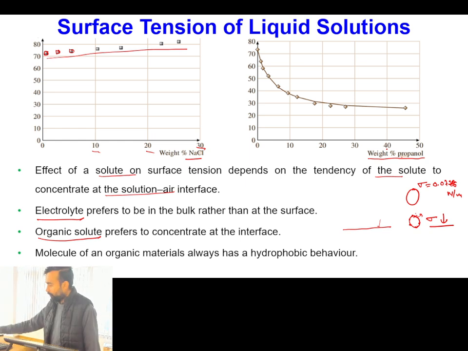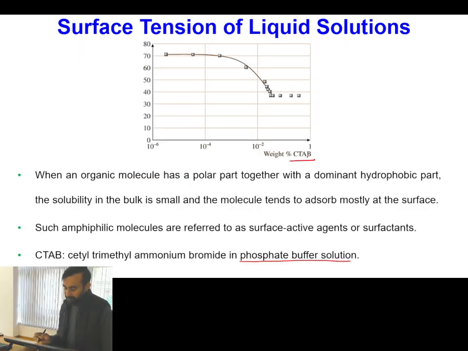Now this CTAB solution I have added in the range of 10 to the power minus 6, minus 4 and minus 2 weight percentage, in very small amounts. And you can see upon adding this, there is a significant decrease in the surface tension, and after some critical point upon further addition there is no change in the surface tension.